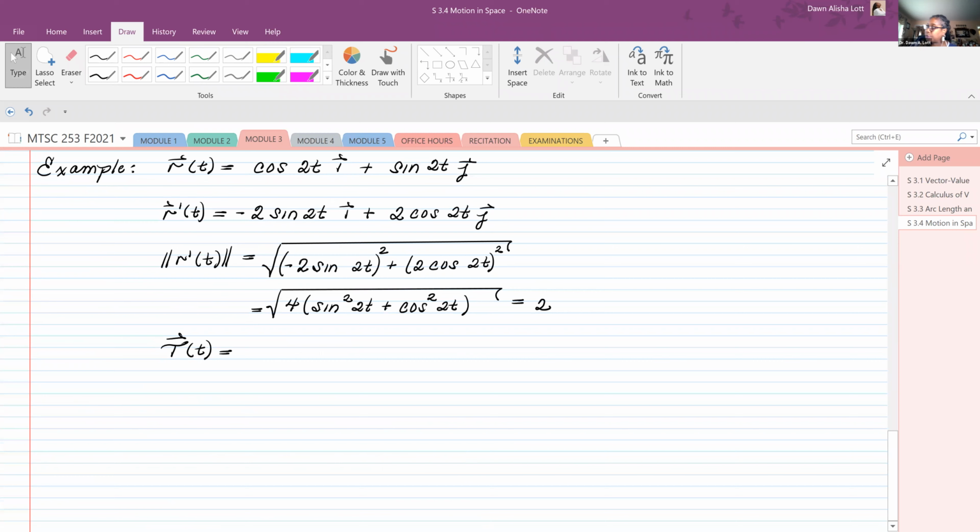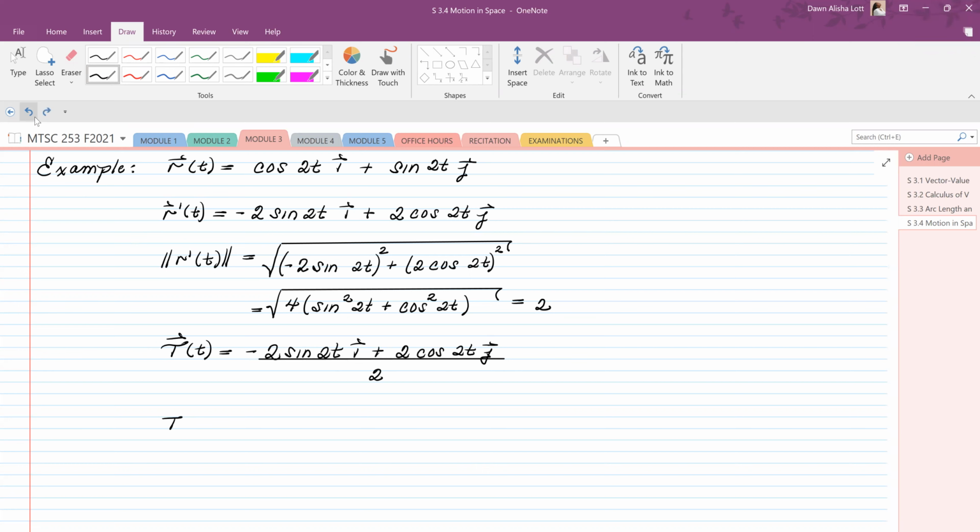So r prime of t is negative 2 sine 2t i plus 2 cosine 2t j, the whole thing over 2. That one worked out perfectly.